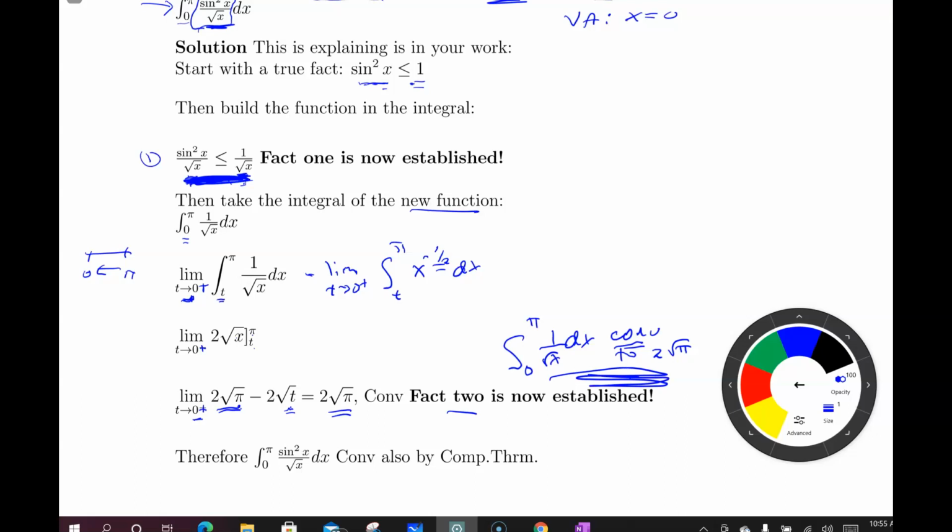The larger converging means the smaller converges by the comparison theorem. So there are the two facts you have to establish: the inequality between the two functions, and you have to show the work of whether the new function's integral converges or diverges. This does the right thing. It converges, so that must mean the smaller converges also. So you just need to rewrite what the original integral was and say it converges by the comparison theorem.